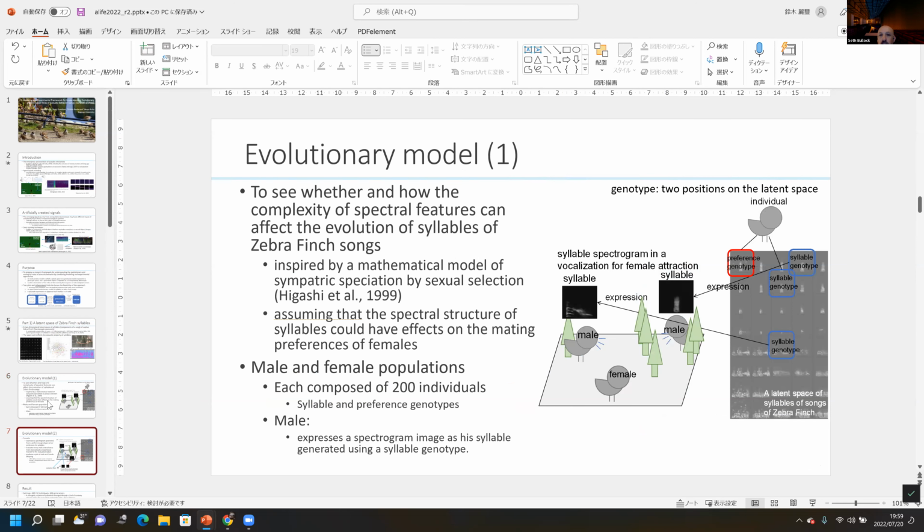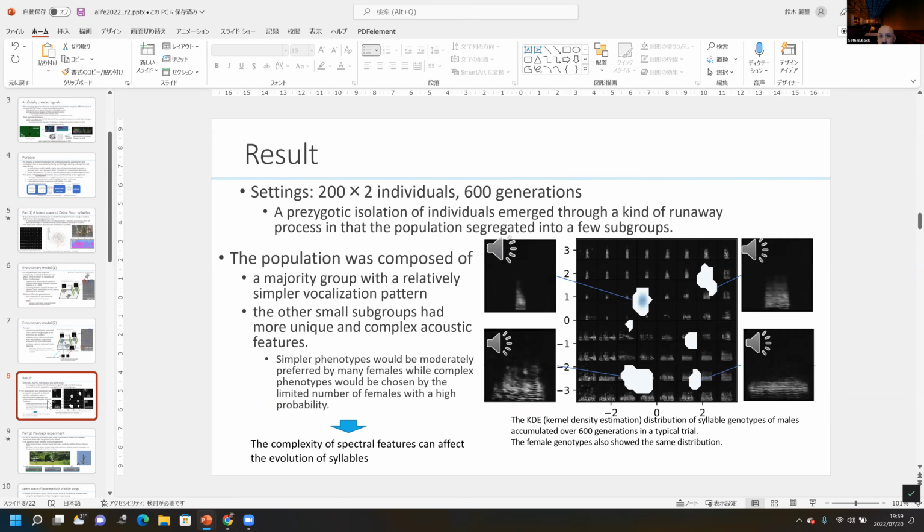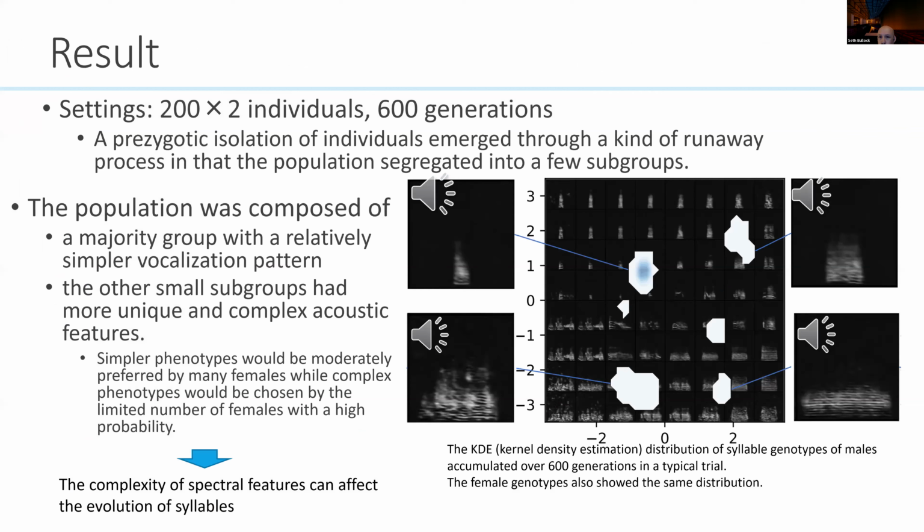I missed a little bit of your talk, but the result was that there was a lot of use of relatively simple calls, and there were some more complex calls. Is there pressure in the coevolution to use simple calls because maybe of the way the distance calculation works, or why do you think simple calls were preferred?